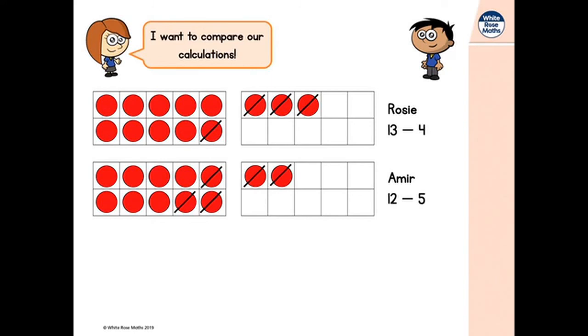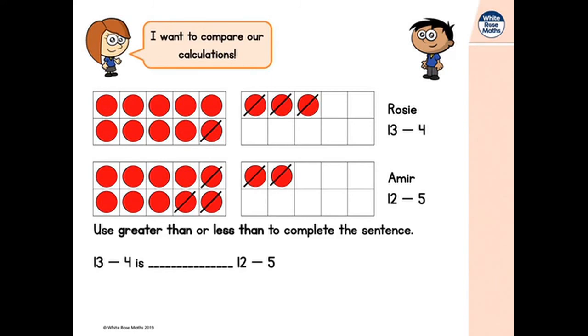So thinking about comparing, we can use the words greater than or less than to complete the sentence. Rosie wants to compare her calculation to Amir's. She could say 13 subtract 4 is greater than 12 subtract 5.